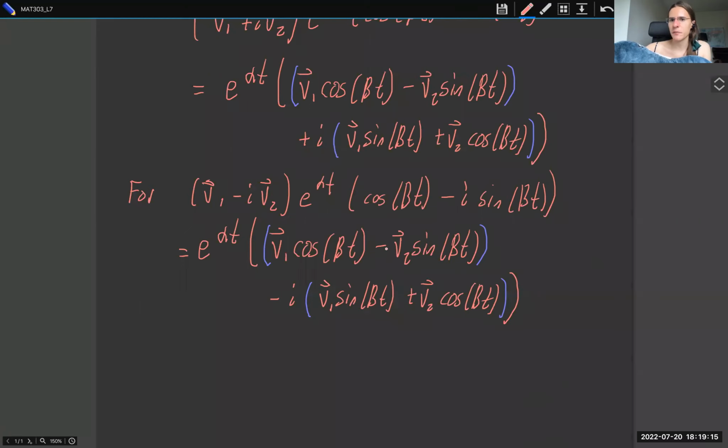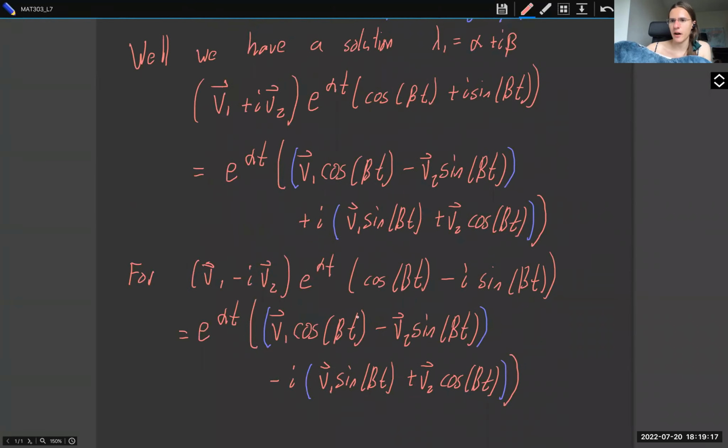So the real and imaginary parts that you get from either of the eigenvectors give the same basis of functions up to a sign. So you don't even have to solve for the other roots. Just taking the real and imaginary parts of the functions that you get in the first one lets you solve the problem.